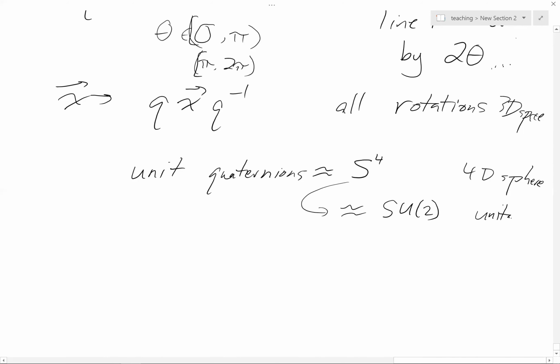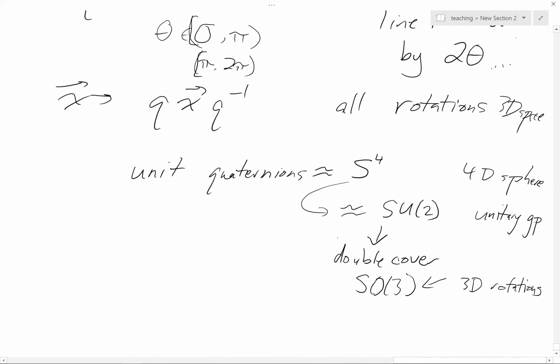I'm not going to talk about it, but this is something called the first special, the lowest dimensional special unitary group. Okay. This is the double cover of SO3, which SO3 is just the notation for 3-dimensional rotations. But the important thing is this S4 double covers the SO3. And what does that mean?